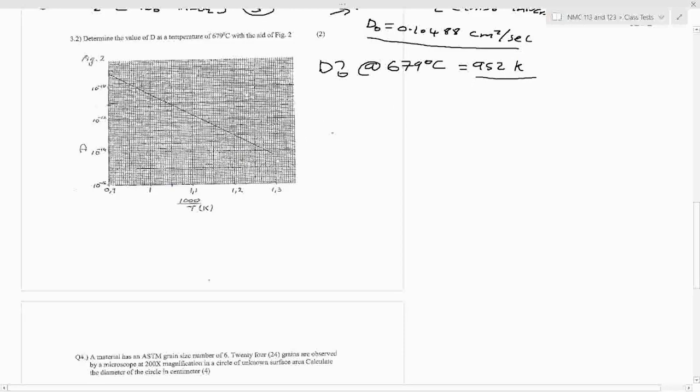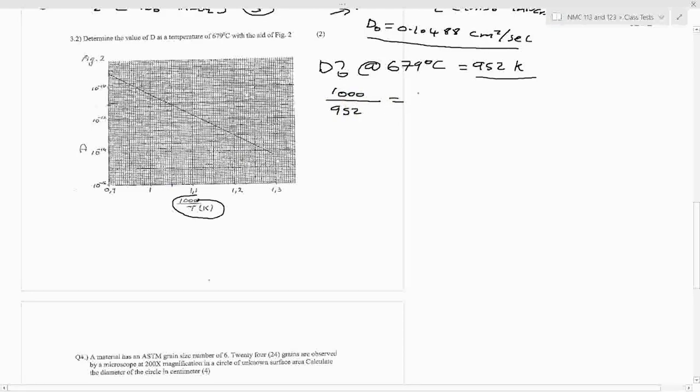So now here we want to read the x-axis first. Since it's the x-axis, it's 1000 over the temperature in kelvins. So you'd have 1000 over 952.